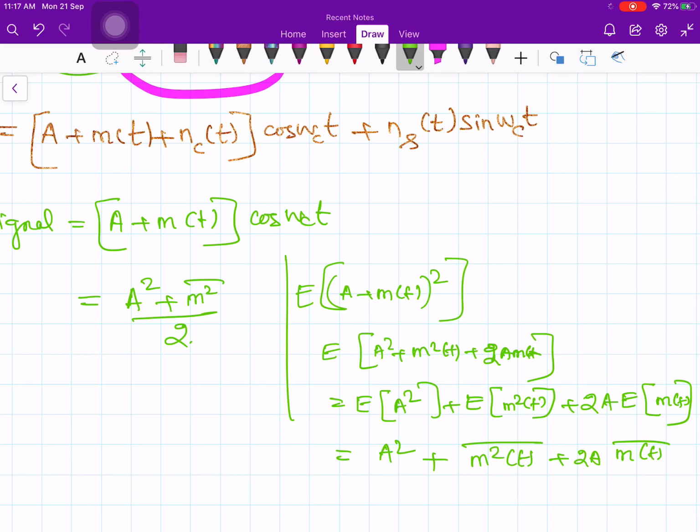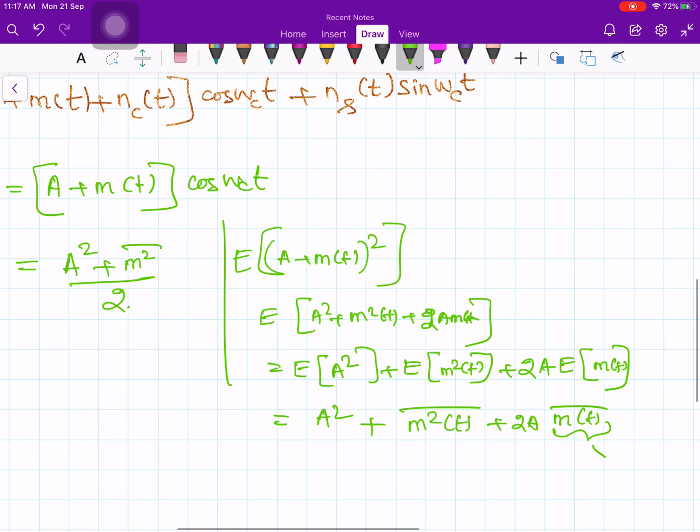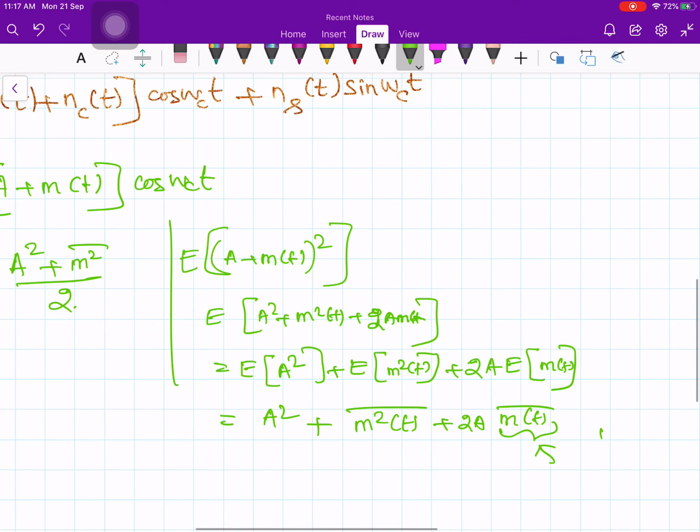And what is this? Don't we say this is a mean value, and we assume that m of t is a zero mean wide sense stationary process. Therefore, this term will be 0. So this is what you are left with.